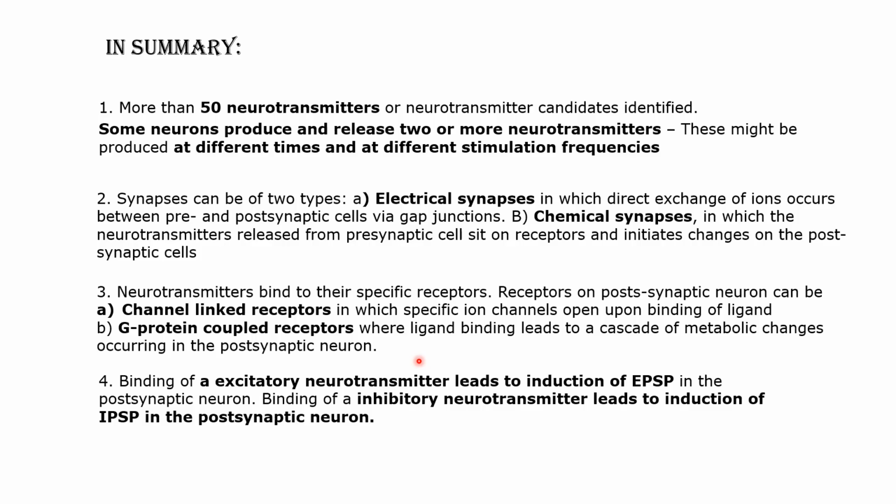Now, the binding of an excitatory neurotransmitter to the receptor on the postsynaptic membrane leads to the induction of EPSP in the postsynaptic neuron. On the other hand, the binding of an inhibitory neurotransmitter to its appropriate receptor leads to the induction of an IPSP, or inhibitory postsynaptic potential, in the postsynaptic neuron.